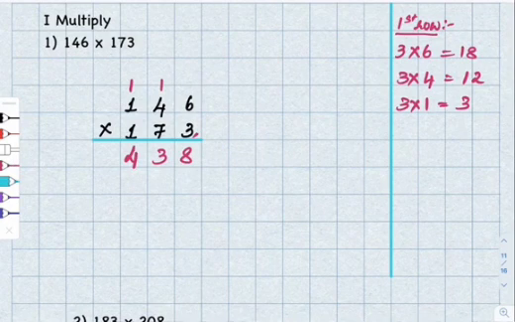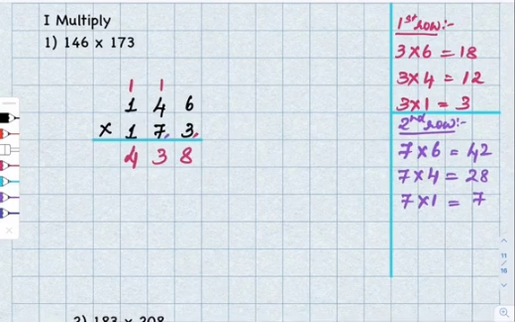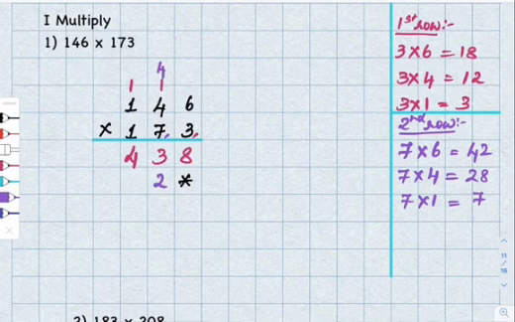Now for the second row. Second row we'll be considering only 7. Now we will write the products of it. But please remember children, it is of the tens place. So we will have the units place here blank. So 7 6s are 42, 2 at the bottom, 4 goes on top.